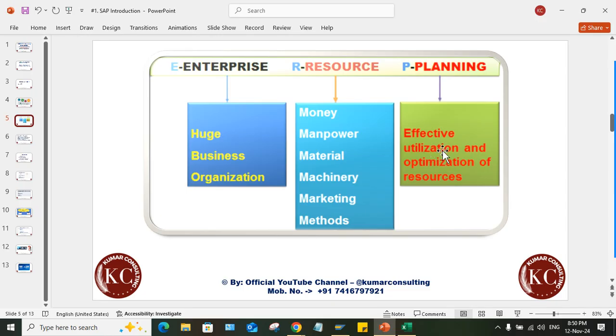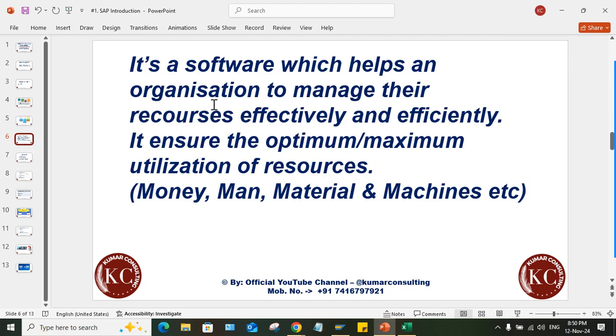Optimum is nothing but maximum utilization of resources, right? So if we talk about the definition of ERP, look here. ERP is nothing but software which helps an organization to manage its resources effectively and efficiently. It ensures the optimum or maximum utilization of resources.